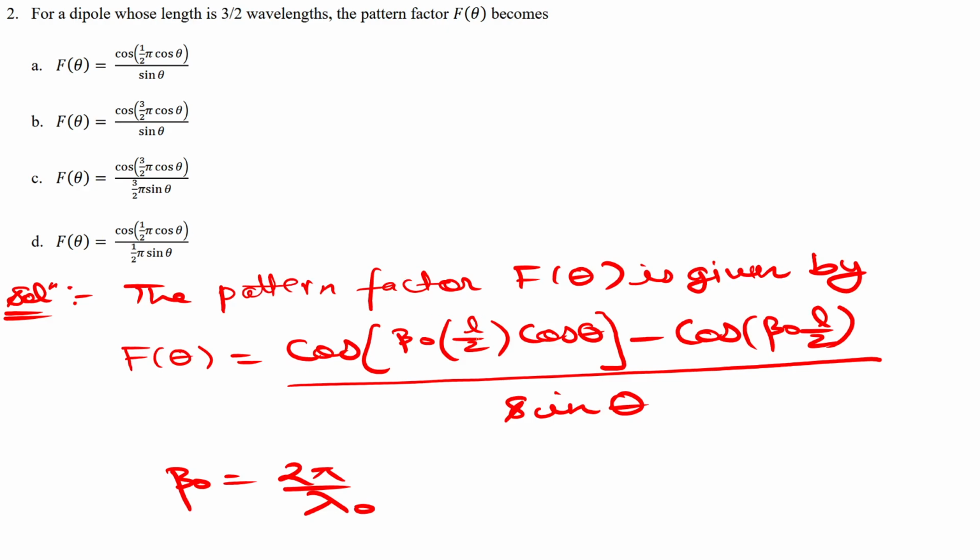So first I will substitute the value for beta naught, which is 2 pi by lambda. So with L by 2 and 2 pi by lambda, we will get pi L by lambda naught into cos theta, minus cos pi L by lambda naught, divided by sin theta.